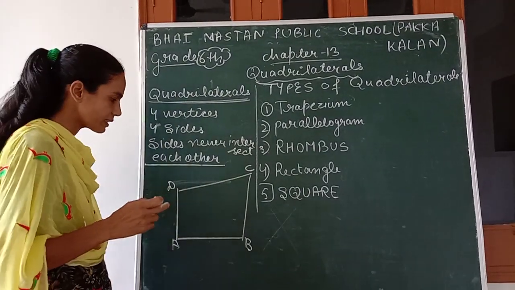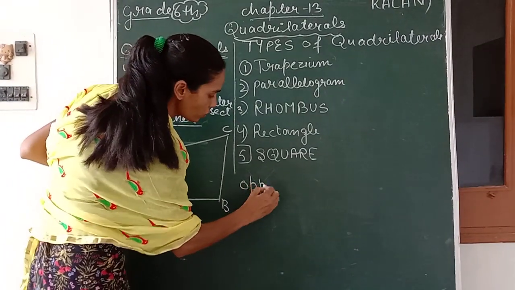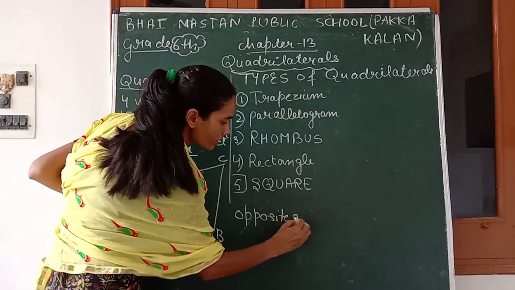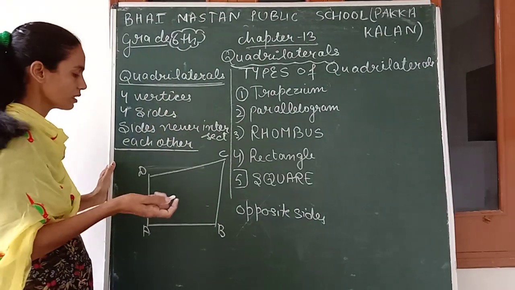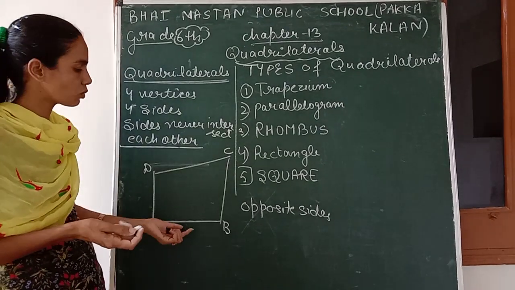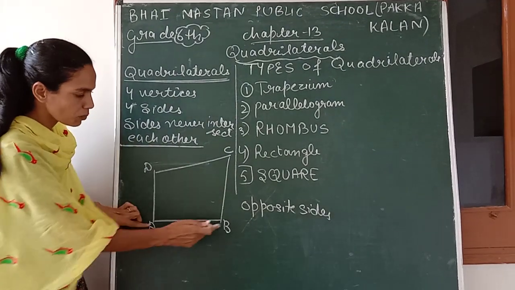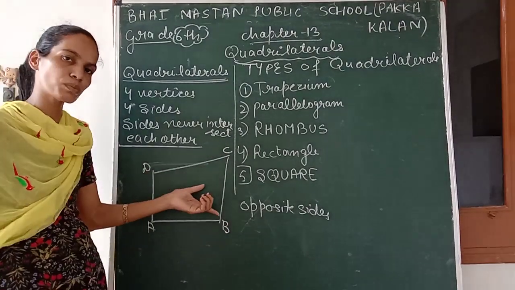Now one thing is opposite sides. Opposite sides means the sides that stand opposite. That means I am opposite of you. The same thing is going on here: AB is opposite CD, AD is opposite BC. These are opposite sides.